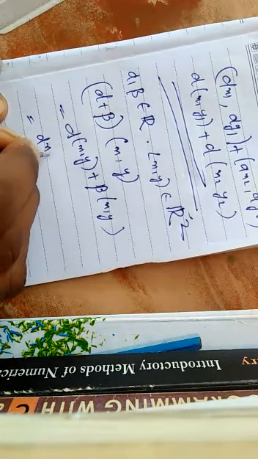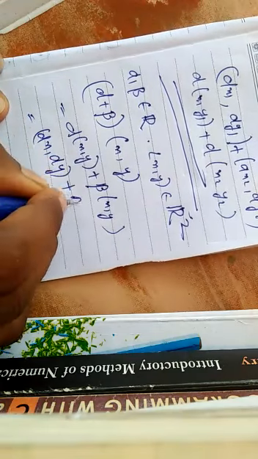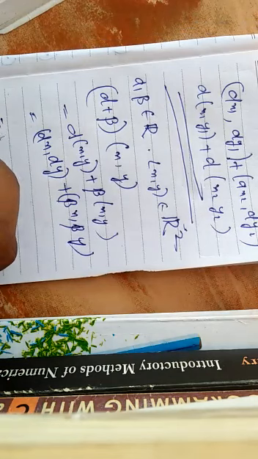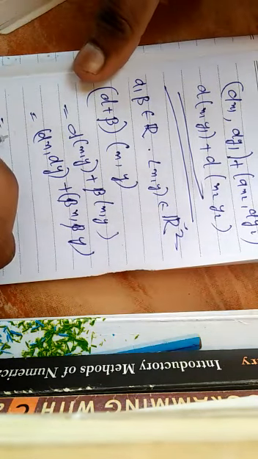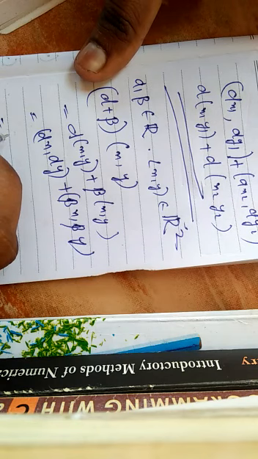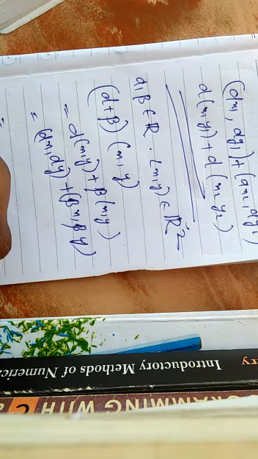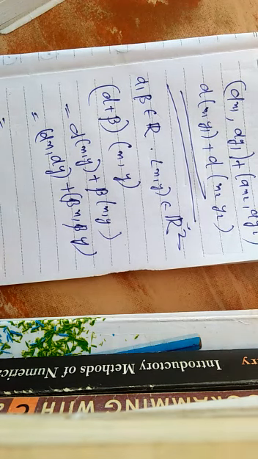That is equal to (alpha x, alpha y) plus (beta x, beta y). That is equal to (alpha x plus beta x, alpha y plus beta y).